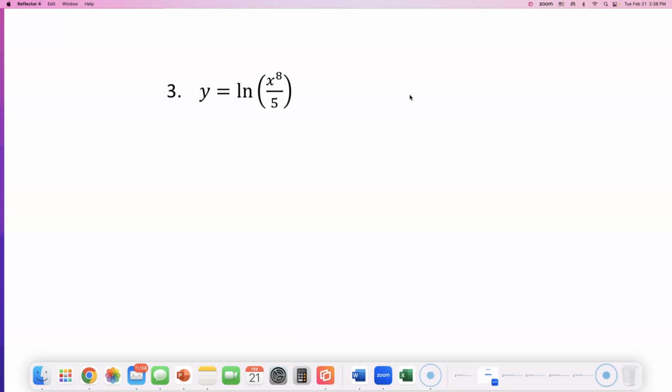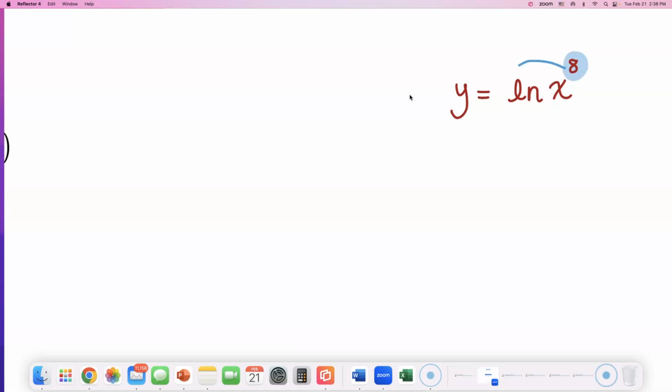Let me think. Do you guys know this rule? If you have y equals natural log of x to the 8th power, did you know that you can bring this 8 down to the front of natural log and write it as y equals 8 times natural log of x?